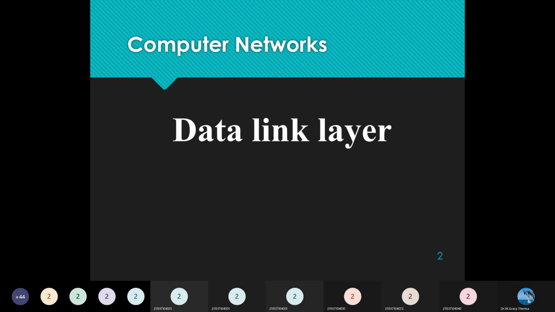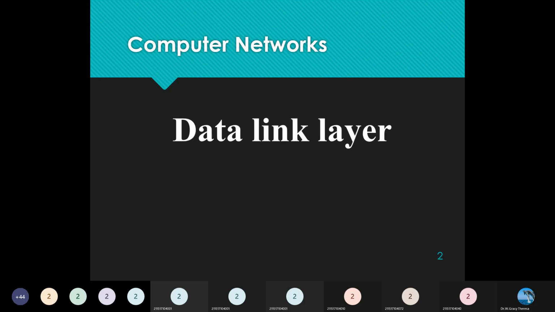The data link layer is connected with two hosts directly for communication. It provides a point-to-point connection, or it can also provide a broadcast type of connection. Whatever link we use, the data link layer deals with the connection between the two ends, between the two hosts only.